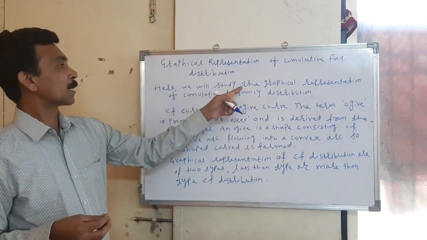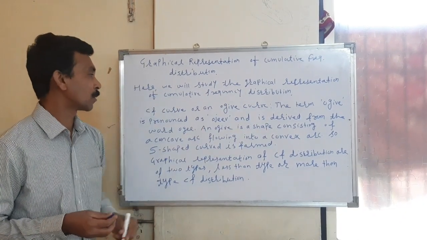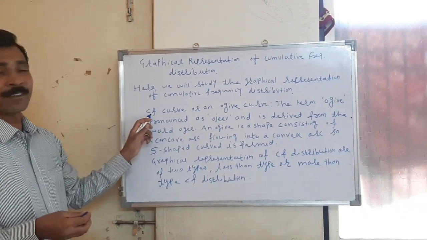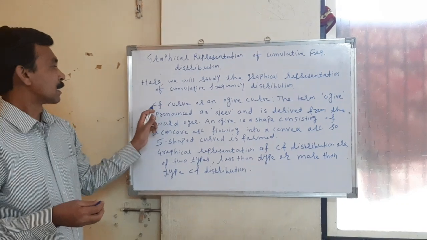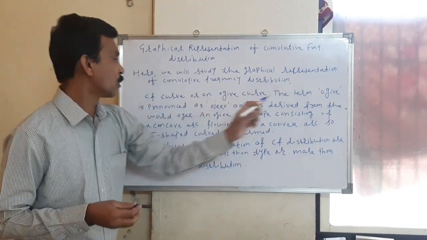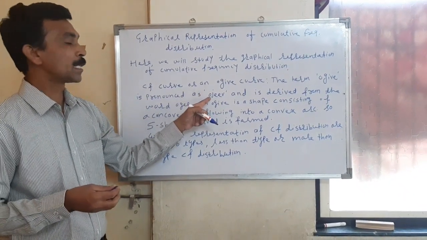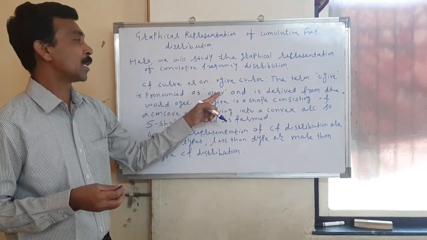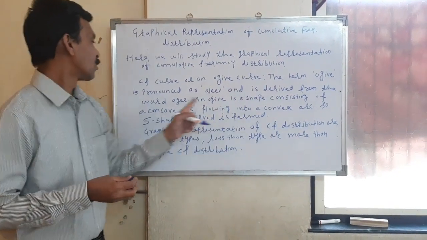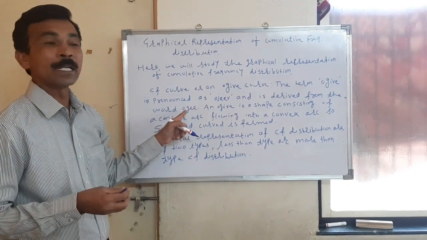Here we will study the graphical representation of cumulative frequency distribution. CF means cumulative frequency. CF curve or an ogive curve. The term ogive is pronounced as ogive, O-J-E-E-V, and is derived from the word ogee, O-G-E-E.